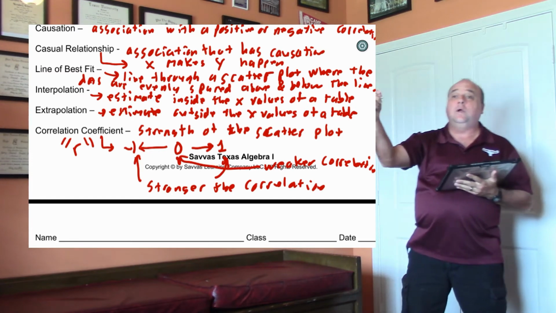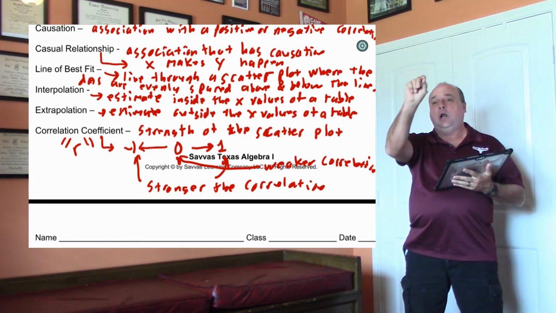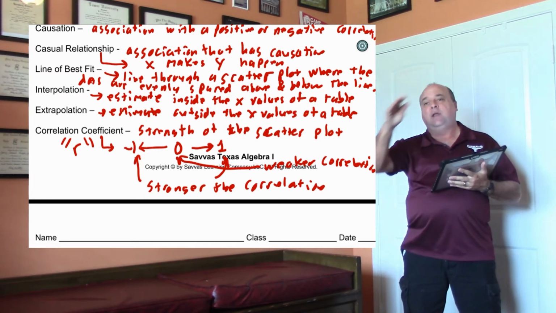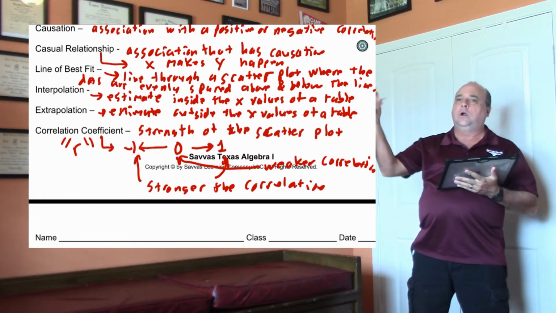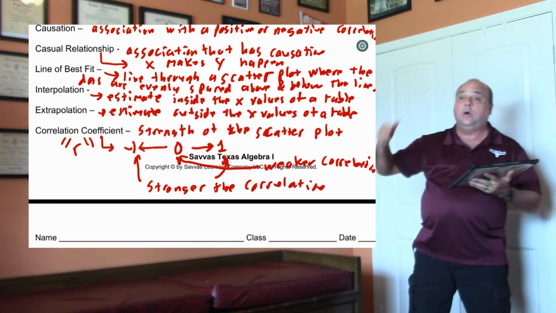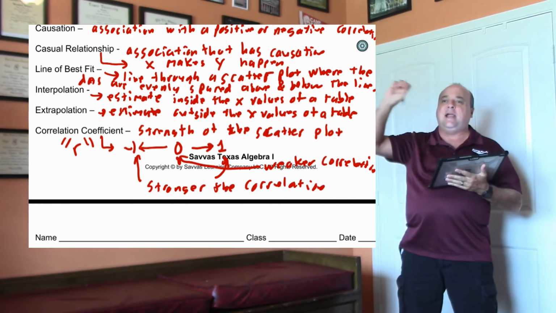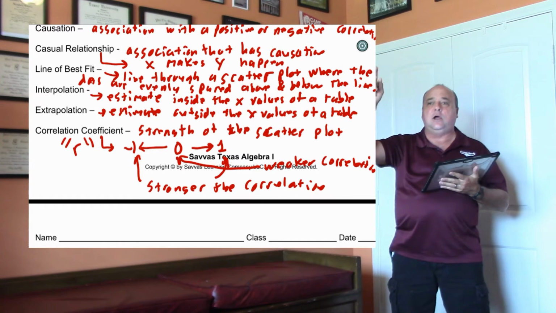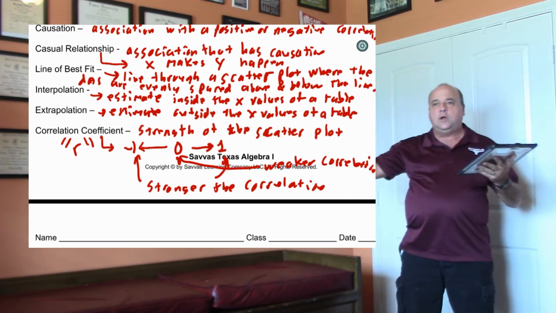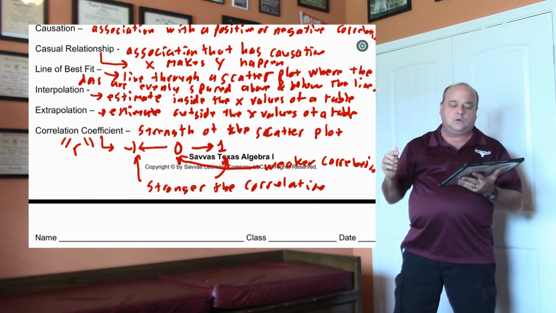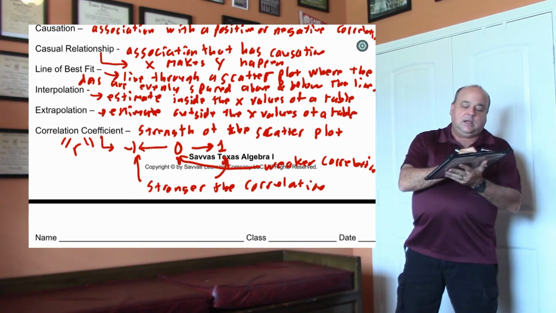Okay, so your correlation coefficient can go from -1 to +1. If the correlation coefficient is a -1, all of the dots are on the line and the line goes down. If the correlation coefficient is a +1, the dots go up and every single dot will be exactly on the line. So -1 to +1 is a very strong correlation. Now then, write this down.